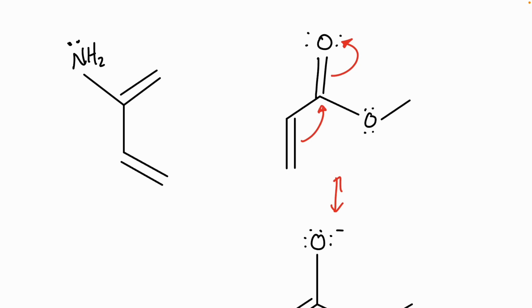Okay, so this one now, this electron donating group is in a slightly different position, so our resonance structure is going to look a little bit different, but again, it's an electron donating group. So this pair of electrons is going to come down here to this carbon.